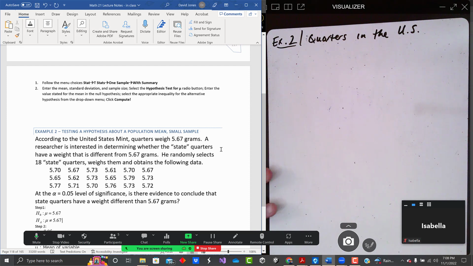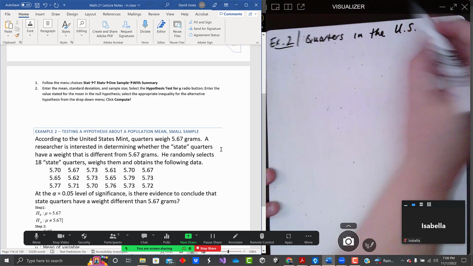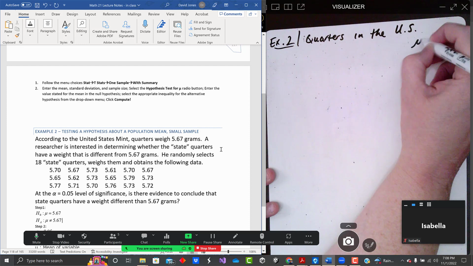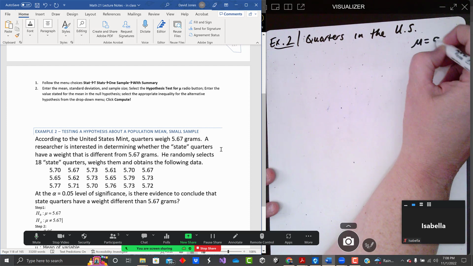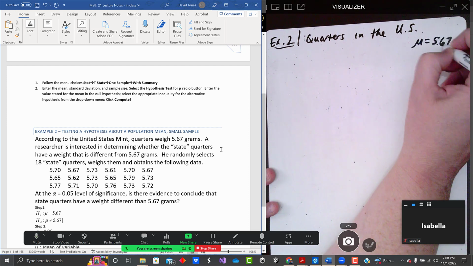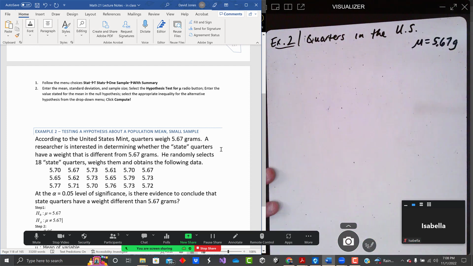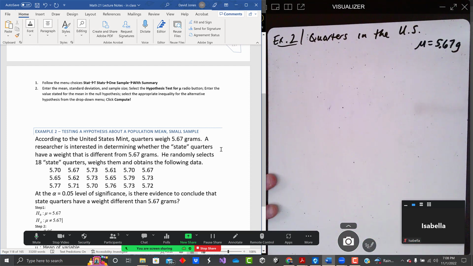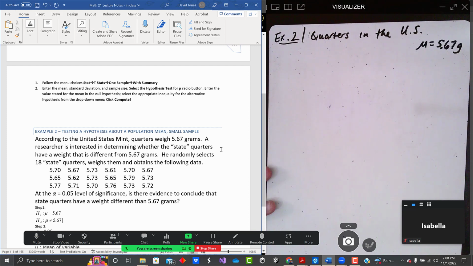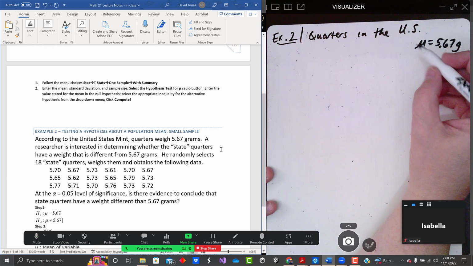That sounds like some old kind of news. I'm going to write down mu equals 5.67 grams. A researcher is interested in determining whether the state quarters have a weight that is different from 5.67. So different would be not equal to.